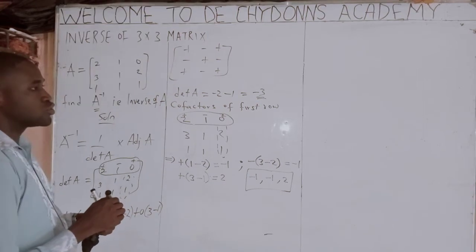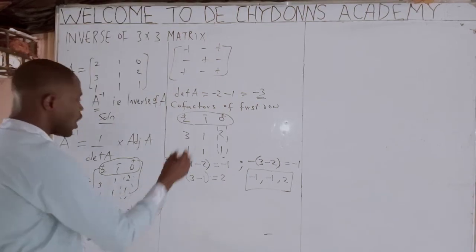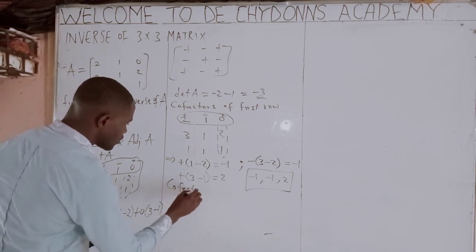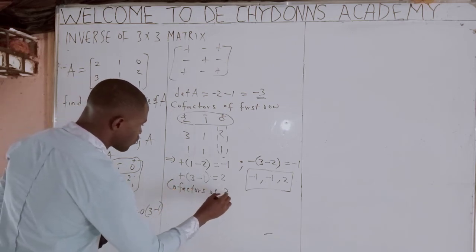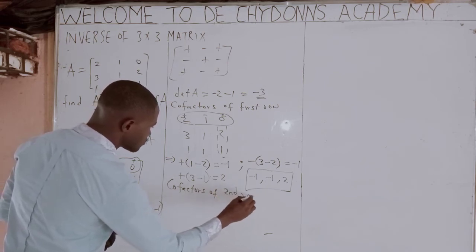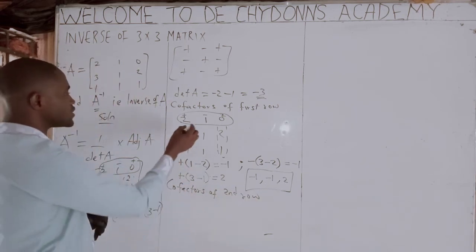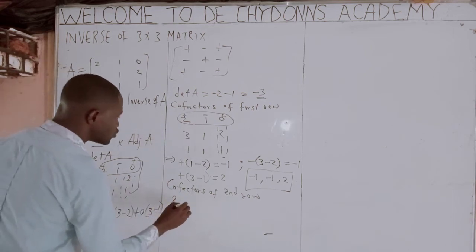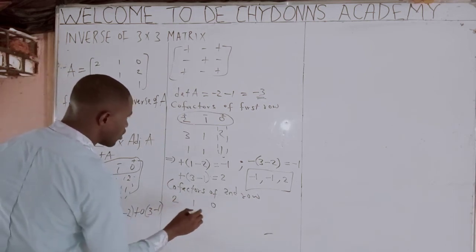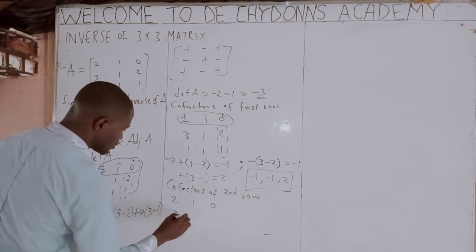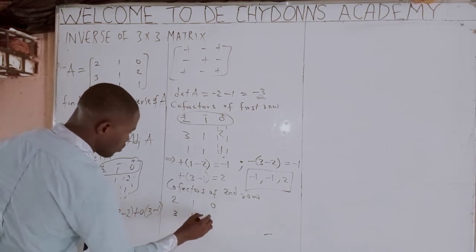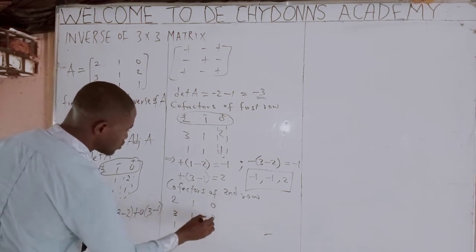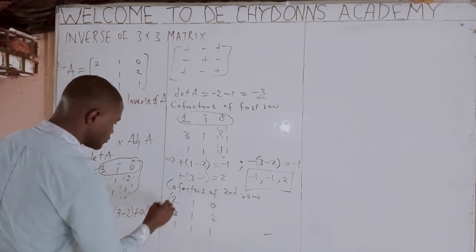Okay? So we go to the cofactors of the second row. For the cofactors of the second row, we write everything again. 2, 1, 0, 3, 1, 1, 1, 1, 3, 1, 2, 1, 1, 1.